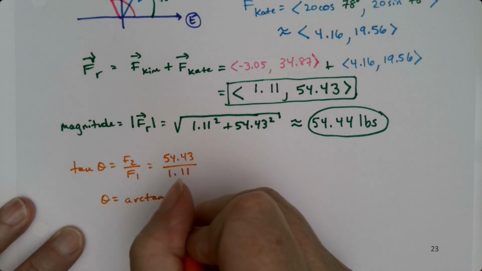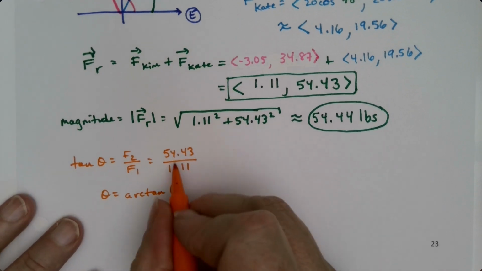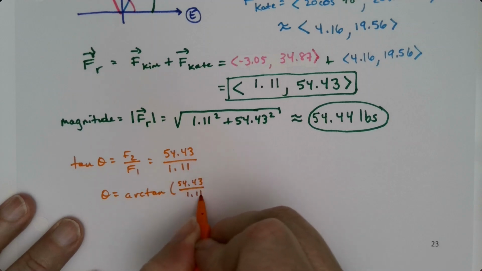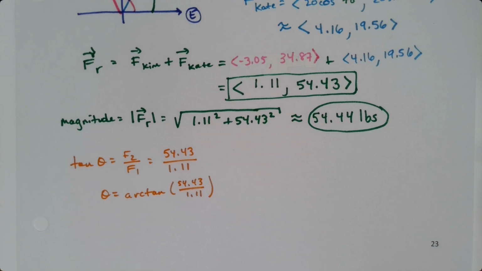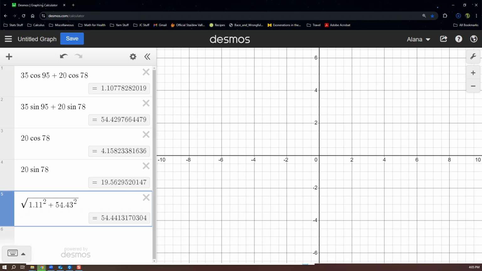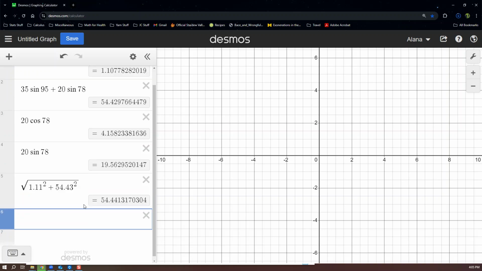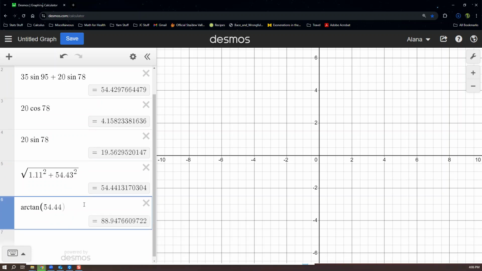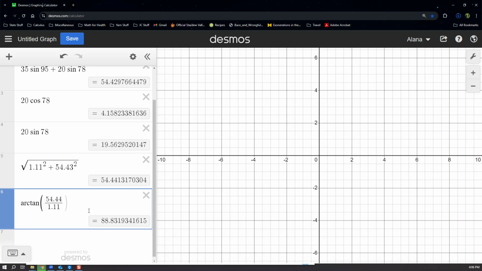It might not be theta itself. It's definitely a related angle. It's the arctangent of 54.43 over 1.11. And then we have to see where we end up. Although I think we're going to end up in quadrant 1, which will be fine. Right, quadrant 1 makes sense. So arctan of 54.44 divided by 1.11 gets us 88.8 degrees.